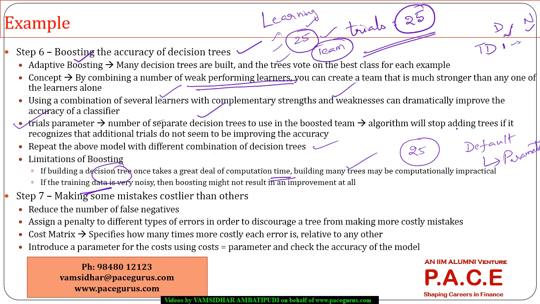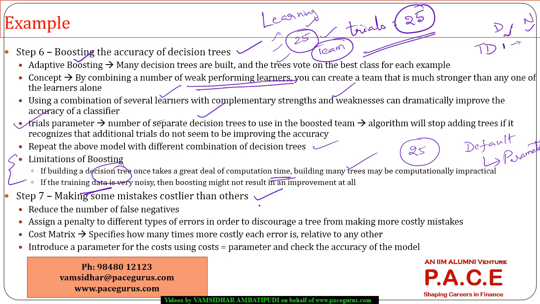So while boosting is still a good mechanism to improve accuracy, we have to be aware of the limitations as well. It's not a magic mantra where the accuracy will keep increasing. We have to be aware of the limitations before implementing boosting as part of our algorithm.